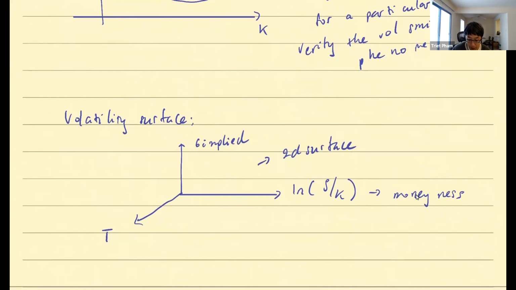If you have the volatility surface constructed and you want to price at a certain moneyness and a certain time to maturity, you find the value of the implied volatility at that point, and then plug back into the Black-Scholes formula and figure out your market price. So knowing the volatility surface is the same as knowing the option price.